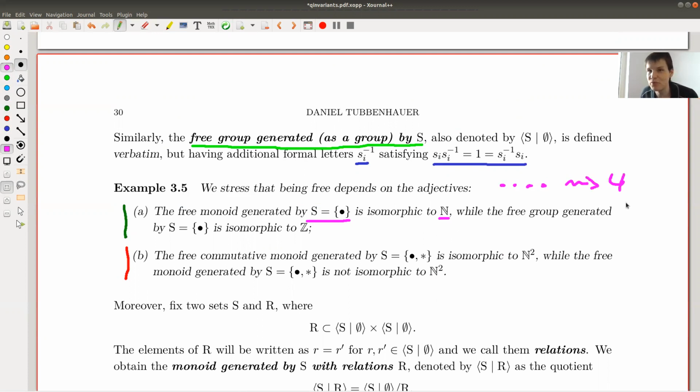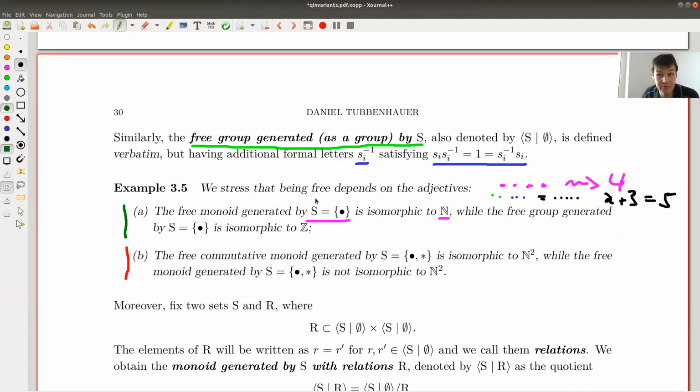And concatenation of bullets resembles addition in N, right? Because 2 bullets and 3 bullets equals 5 bullets, and this is 2 plus 3 equals 5. Nothing fancy.